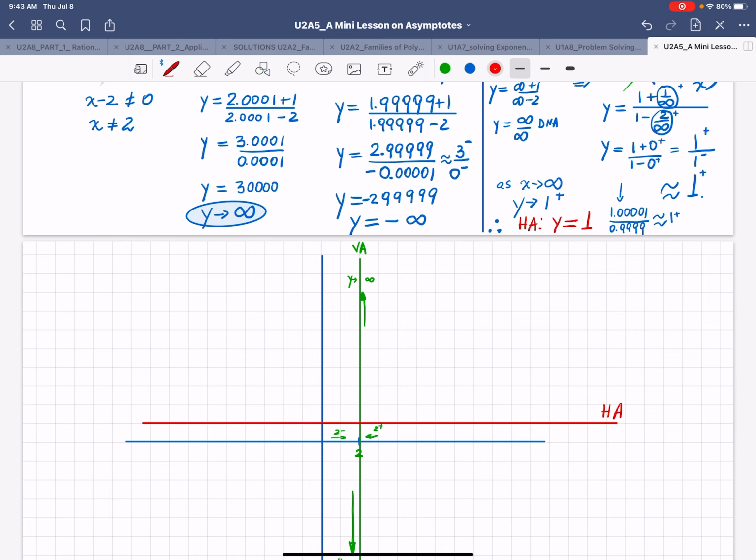I'm going to say this is a horizontal asymptote, everyone. The equation of it is y equals 1. And when x approaches infinity, the y values will be above the asymptote because the y values are more than 1. And when it comes to graphing the function, now we're going to say, oh, so the behavior will be this way.